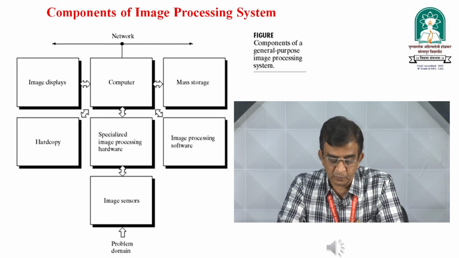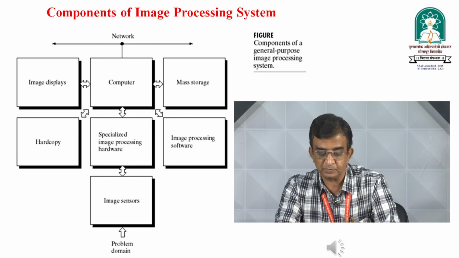One method of providing short term storage is computer memory. Another is by specialized boards called frame buffers that store one or more images and can be accessed rapidly, usually at video rates, for example at 30 complete images per second.